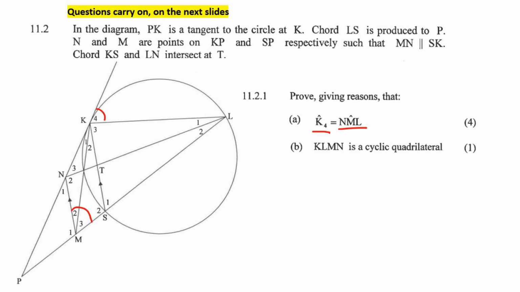When I see K4, I know that that's a tangent, so I can use the tan chord theorem, because this is the tangent, and this is the chord. So what I can do is take that chord and try to make any other angles in the circle. For example, I can go like that.